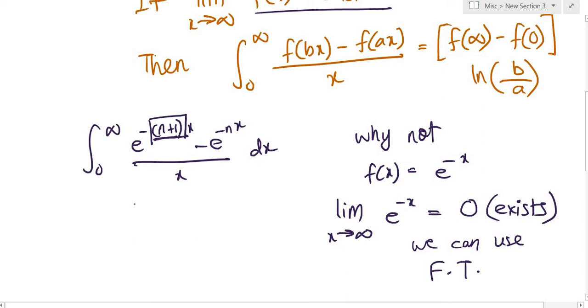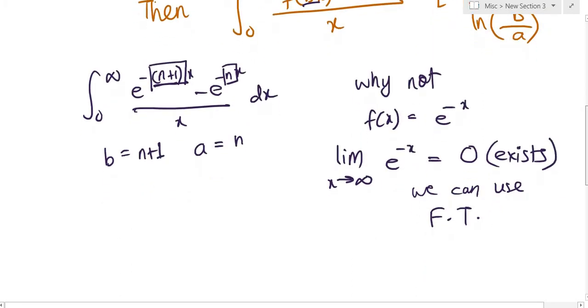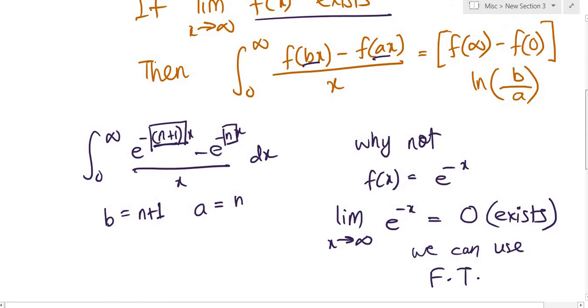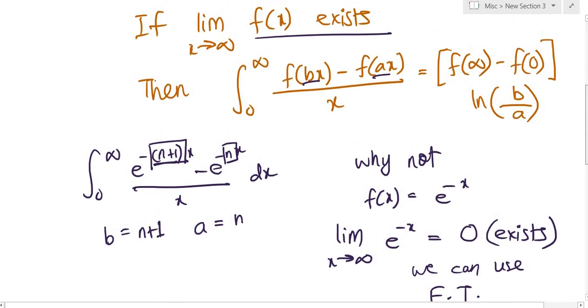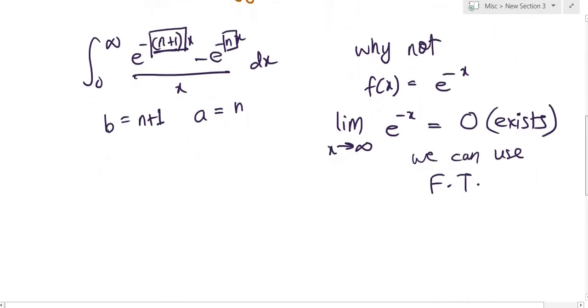So let's define b to be n plus 1 and a to be n, just comparing the coefficients again. Great, we've established a and b, and we know the function f of x. We can just use Frullani's theorem.